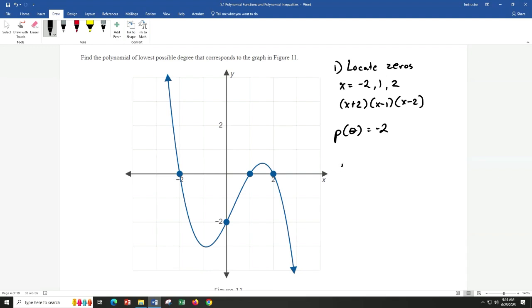I have a, don't forget your a, I'm giving you kind of a formula here. I've got x plus 2, x minus 1, x minus 2, all equal to -2. Well, it's only going to be -2 when x is what? 0.